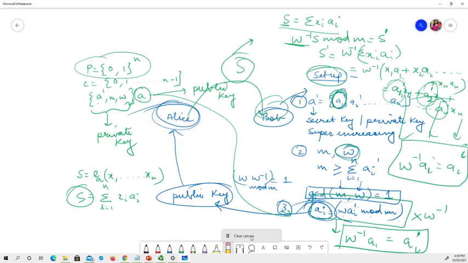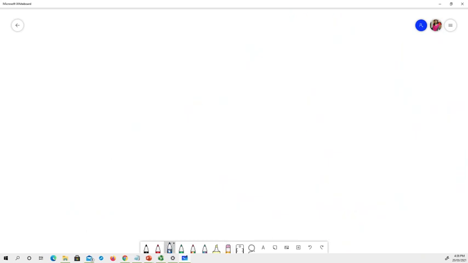So let me give you an example. This was all with respect to the mathematics associated with it, but let me give you an example to help you understand. Let us suppose we have Alice and Bob, and this time I'll give you certain numbers. So Bob has a set of a prime.